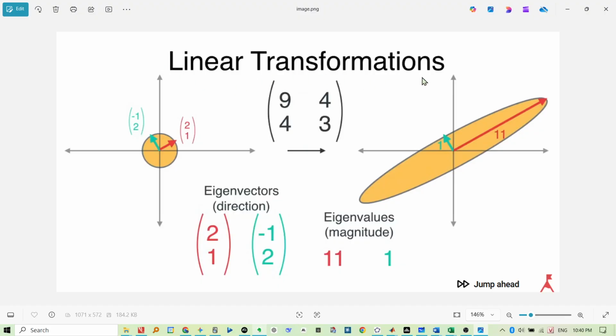We are talking about linear transformations. So we have here a covariance matrix. A covariance matrix will describe how to turn a random piece of data, or how to turn any piece of data into another piece of data that has the shape of this covariance matrix.